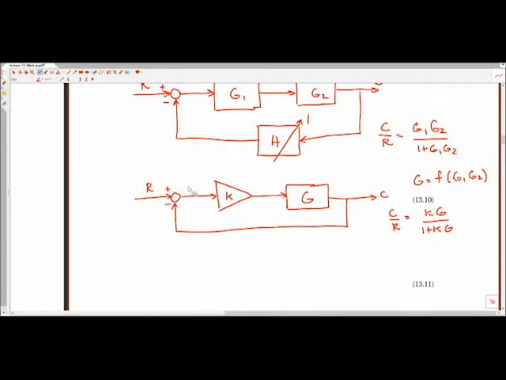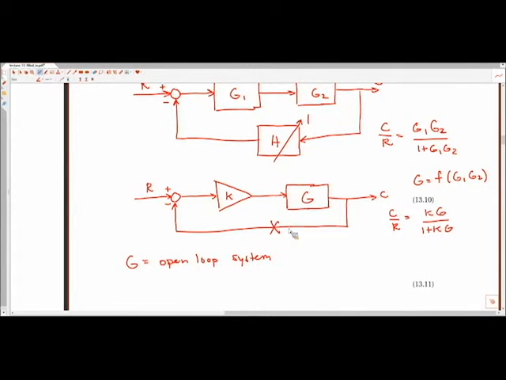G, we will call the open loop system. What we mean by this is that if this feedback loop never existed, say someone cut off your sensor, so you had some sort of sense signal and someone took a scissors and just cut the line so it no longer exists, this would be what we call the open loop response of the system.